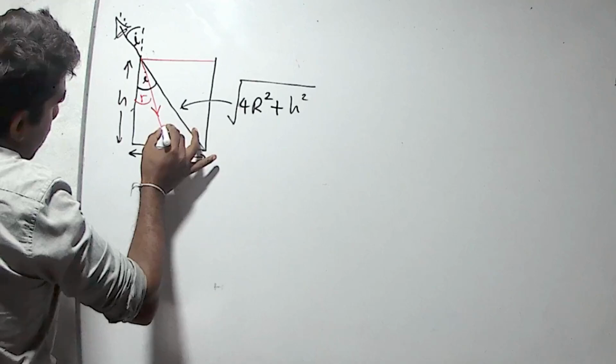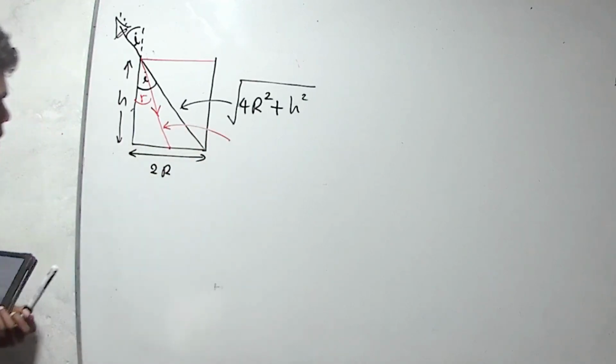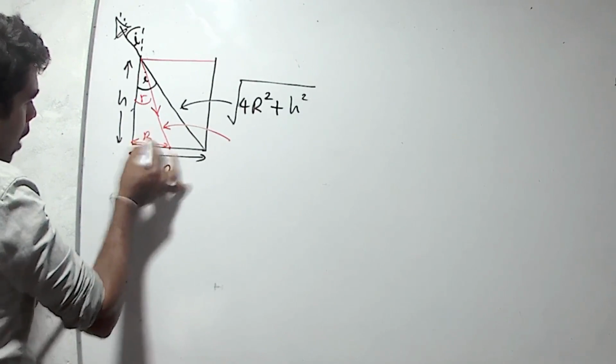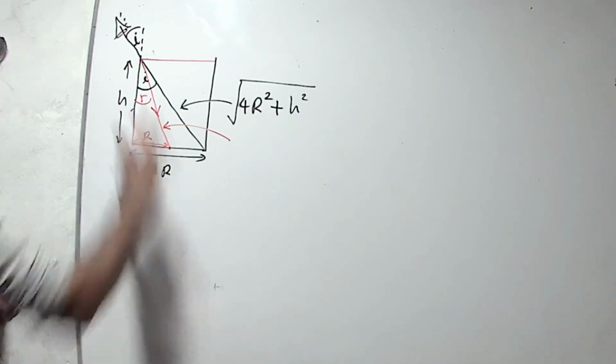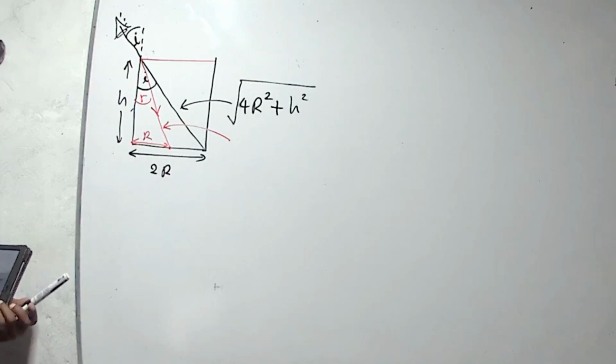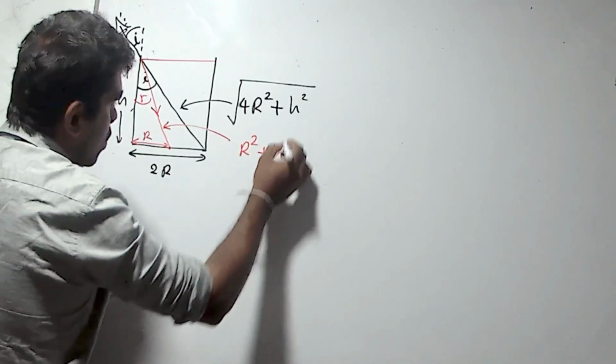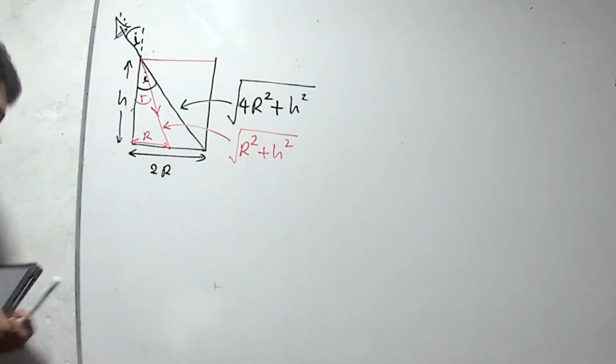By using the same method, we can find this length. We know that this is the radius r. The height is the same as the previous ray. Therefore, this length is the square root of r squared plus h squared.